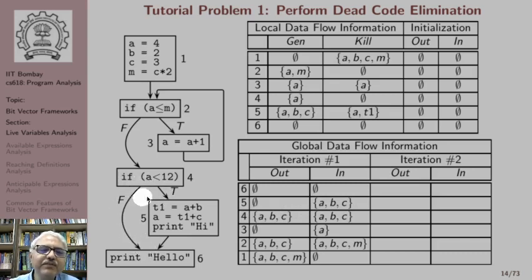Here we have empty set, but here we have ABC, and therefore we get the set ABC at the exit of node 4. Node 4 doesn't kill liveness of anything but generates liveness of A, which is already live at the exit. So we get ABC as live here.